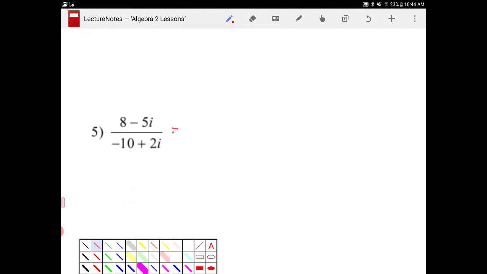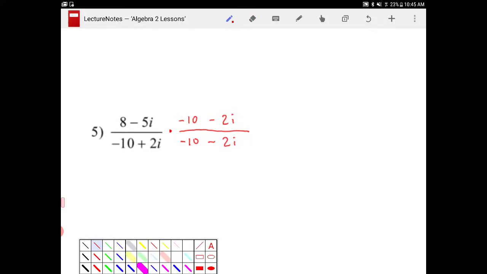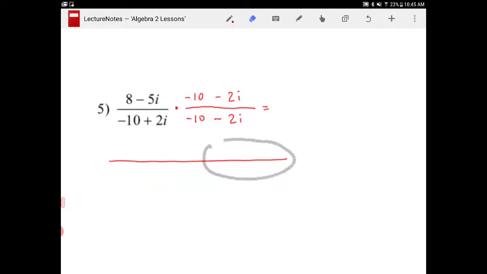All right, so I have 8 minus 5i over -10 plus 2i. We're going to need to rationalize this, and just like in the previous video, we're going to multiply by the conjugate. So the conjugate of -10 plus 2i is -10 minus 2i. And if we do just that, the denominator will end up being something very nice.